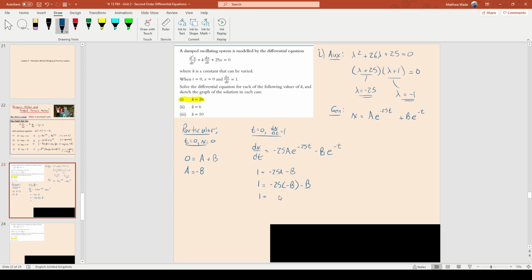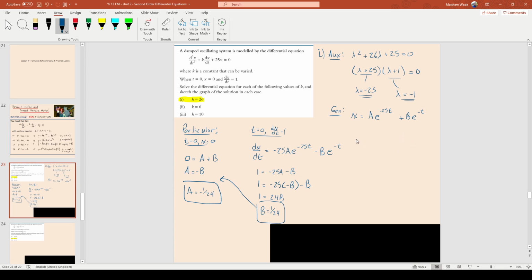So 1 equals 25b take 1b, which is 24b. So b is 1/24. There's the tricky part. Into there then, that means a is equal to negative 1/24. And shaboosh, there you go.